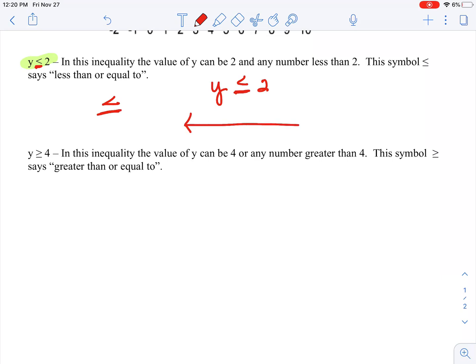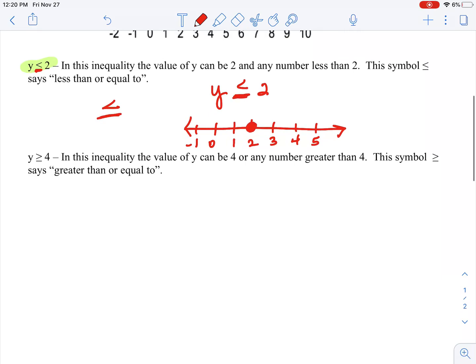So if I wanted to graph those possibilities, I'm going to have a closed circle this time at 2 because of this equal to part. It can be equal to the 2.